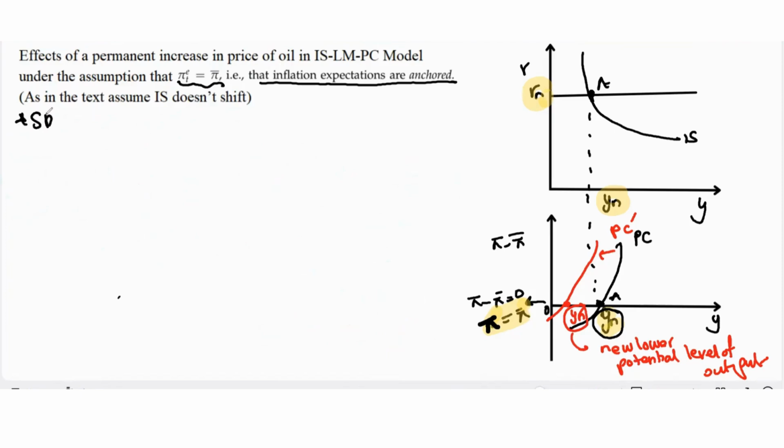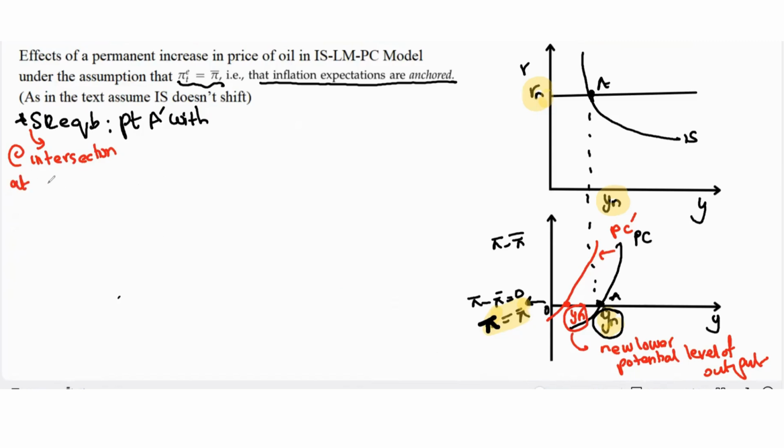Now short-term equilibrium is still point A prime, right? What is short-term equilibrium? We know short-term equilibrium in the IS-LM-PC model occurs at the intersection of the IS and LM curves, right?